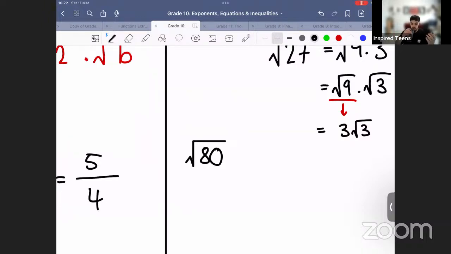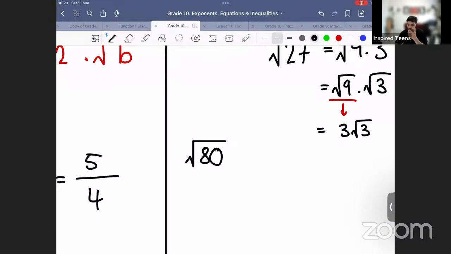Okay, 4 and 20, what else? 10 and 8, okay. So the reason you cannot choose 10 and 8 is that neither 10 nor 8 is a perfect square. One of your factors has to be a perfect square. 16 and 5, okay. So generally, 40 and 2, if you look at 40, if you look at 2, none of those factors are perfect squares.